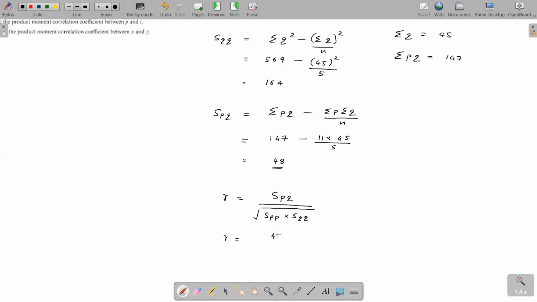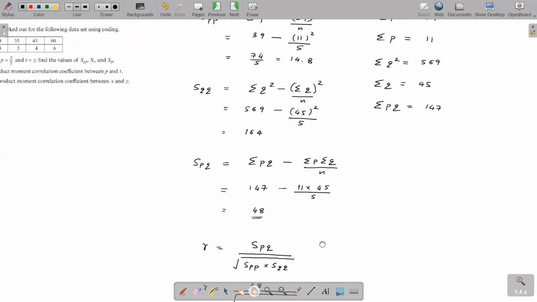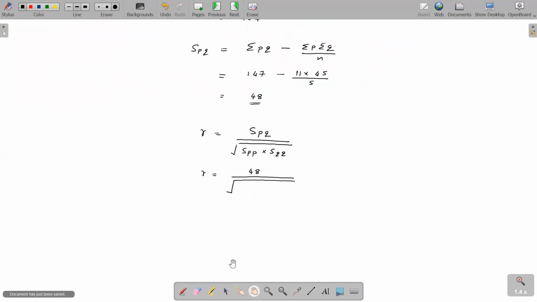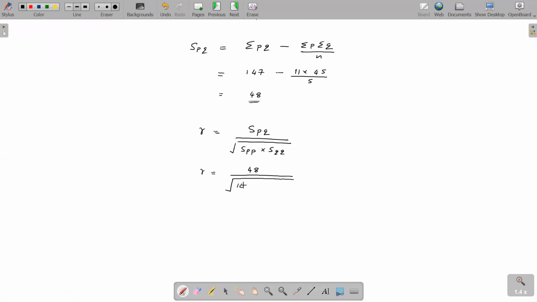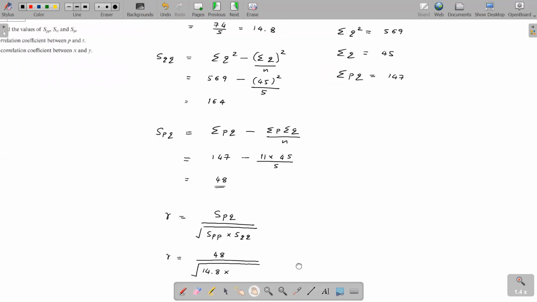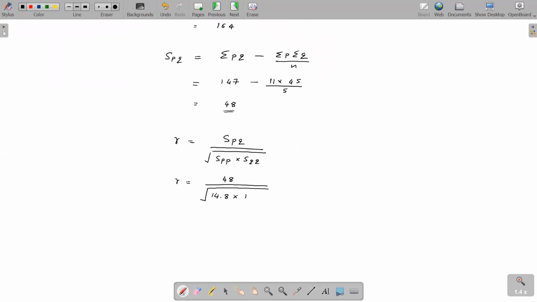SPQ is 48, over the square root of SPP, which is 14.8, into SQQ, which is 164. Right, guys? All right, so let's get the value: 0.974. So it's a 3 SF R value, right?